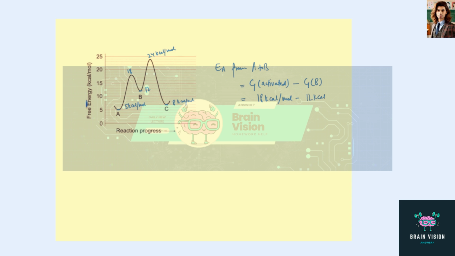The values are given in the graph, so it will be equal to 6 kilocalories per mole. That is the activation energy from A to B. That is the first part.